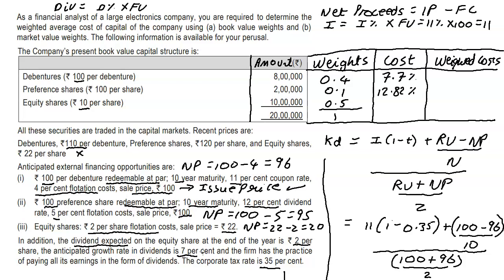Okay, so they're saying D1 is 2 and 7% is growth, G. Alright, so we have enough information to apply the dividend growth model.